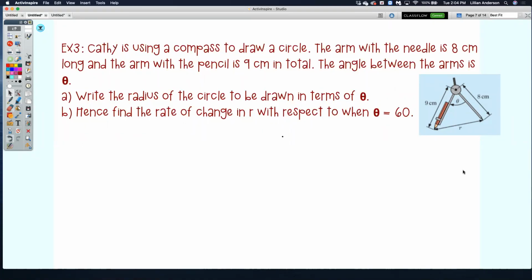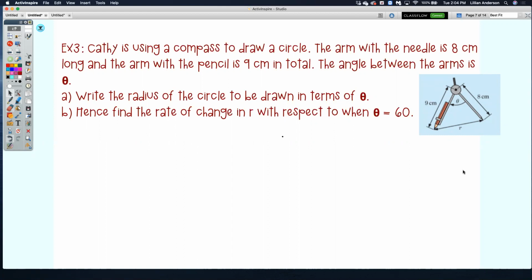What concept connects 9, 8, R, and theta together? Say again? The cosine rule, yes. Remember, the cosine rule was used if you knew 3 sides, you can find the angle, or if you knew 2 sides and an included angle.